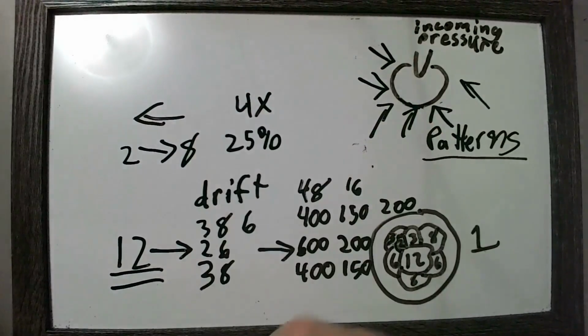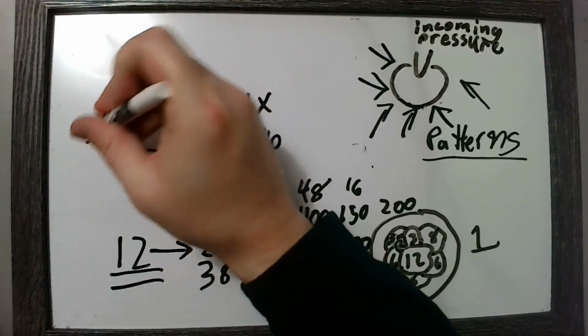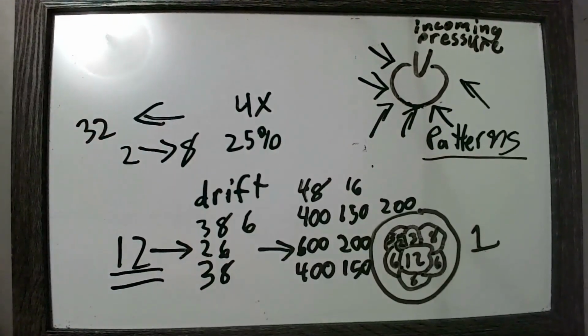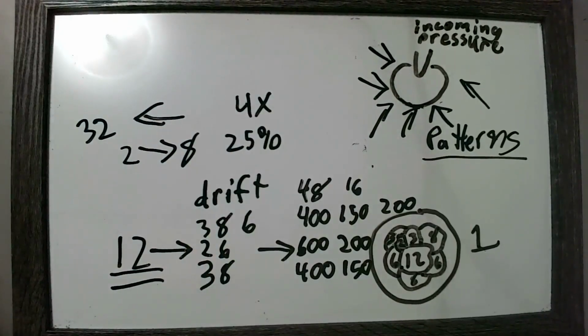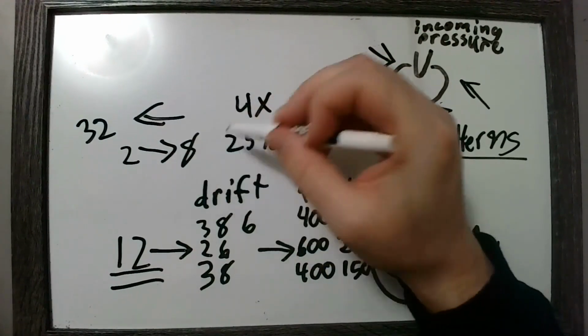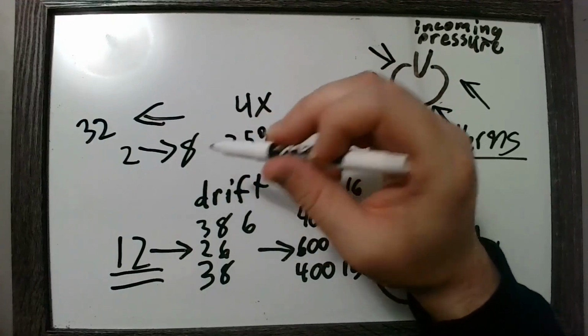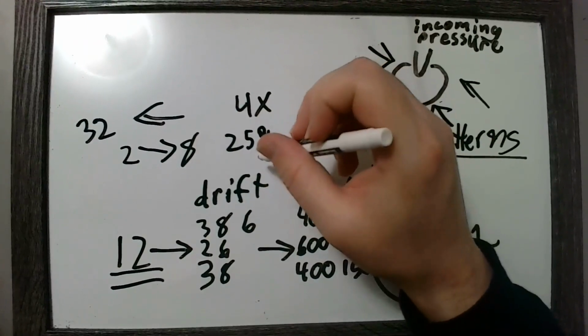So the 8 is going to push against the 2, and what that means is that if the 2 is not equal to 32 units or more, the 8 is going to push against the 2, and it's going to most likely either ignore it, or if it's far enough away, it's probably going to push it to the side. Okay? So anytime a percentage, a number that you're comparing with another number, is lower and it's interacting with another number, there's going to be resistance.